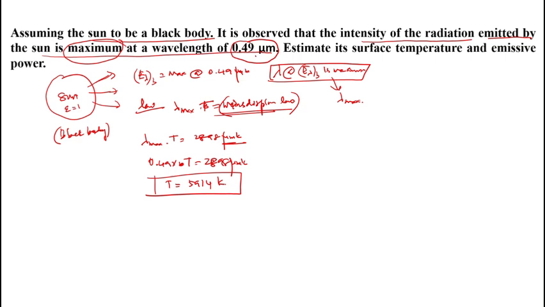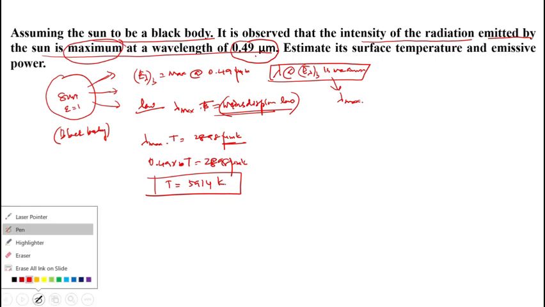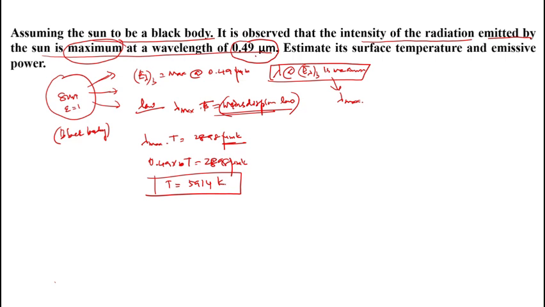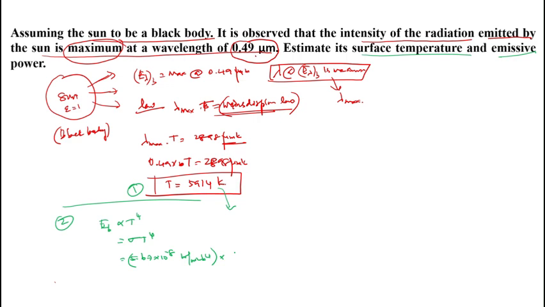Then, the second one, we estimate the surface temperature and find the emissive power. You already know the emissive power can be determined from the Stefan-Boltzmann law. E_B is directly proportional to T to the power of 4, so by replacing the constant, E_B is sigma T to the power of 4. Sigma is 5.67 into 10 to the power of minus 8 watt per meter square Kelvin to the power of 4, the Stefan-Boltzmann constant. The temperature we already found is 5914 Kelvin, whole power 4.